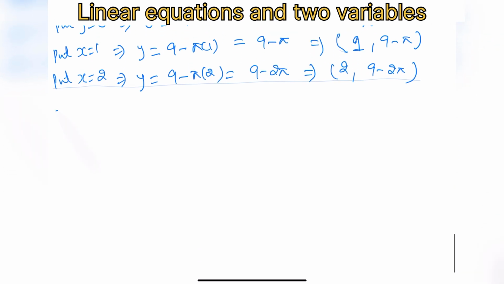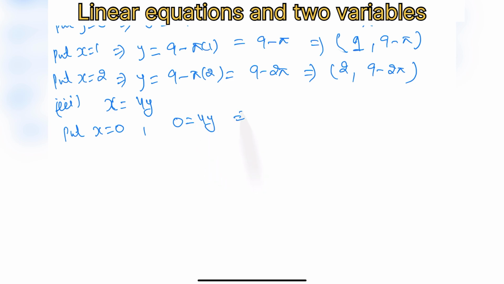Now we have the third part. The third part is x is equal to 4y. We can keep it as it is because it is already x is equal to 4y, or we can say 4y is equal to x. Now for finding the solution in the same way, put x equal to 0. So we got 0 is equal to 4y.